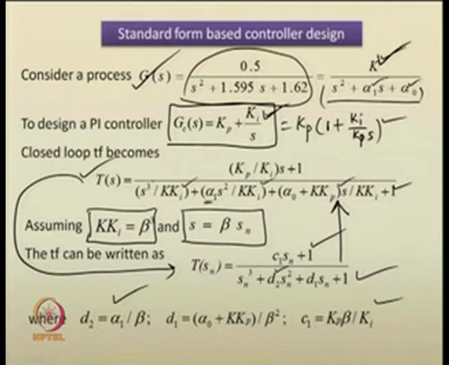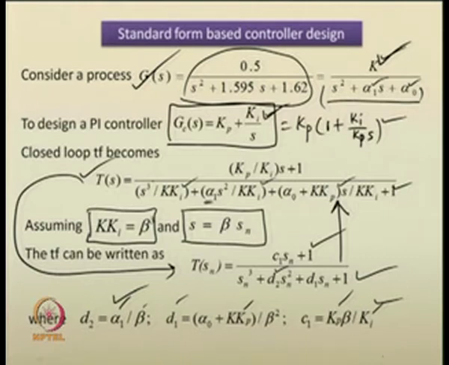Why are we writing in this fashion? Now, you see the beauty of this method. The d2 parameter contains the plant parameters alpha 1 and beta, d1 contains the unknown controller parameter Kp, and C1 contains the unknown controller parameters Kp and Ki both.